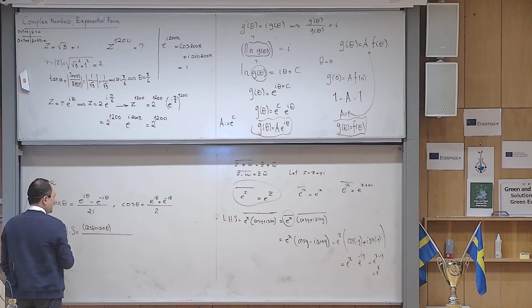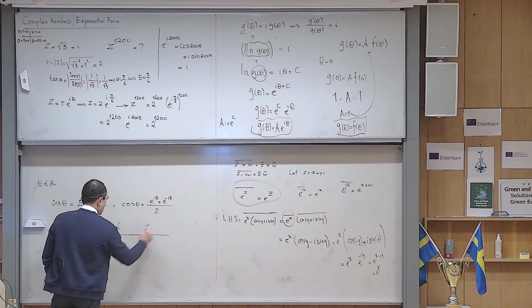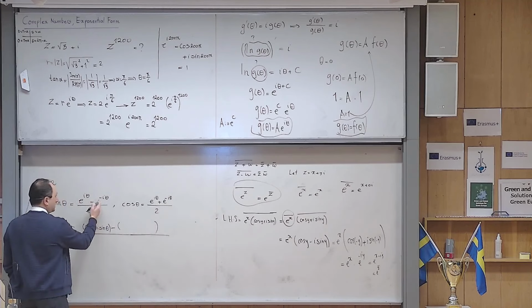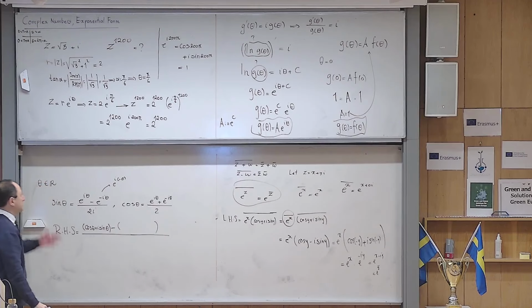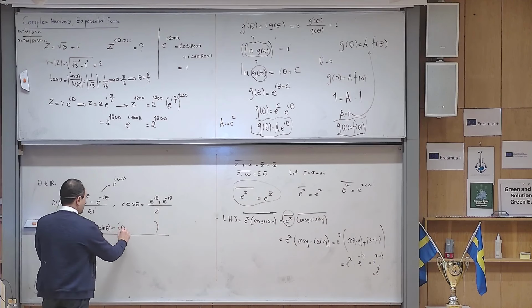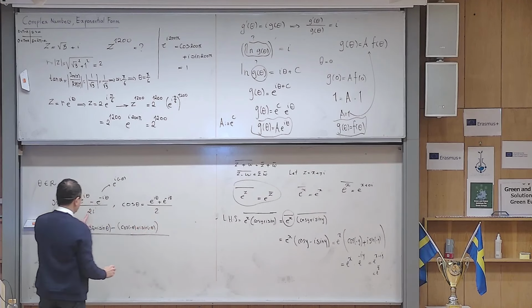This is for this one. Minus, what should I write for this one? Here, you should view this as e to the power of i times minus theta. So minus theta is playing the role of theta in De Moivre's formula. So this becomes cosine of minus theta plus i sine of minus theta, and then divided by 2i.